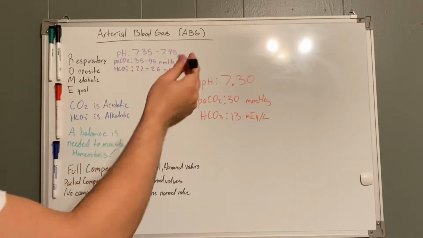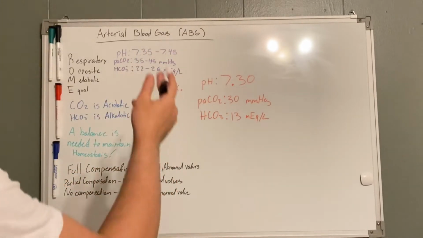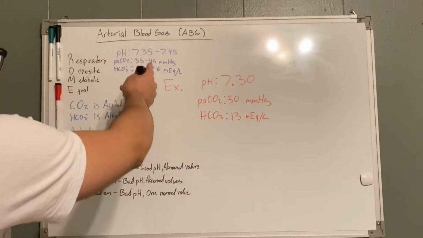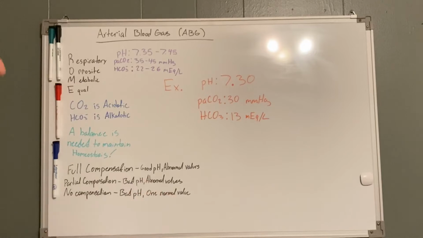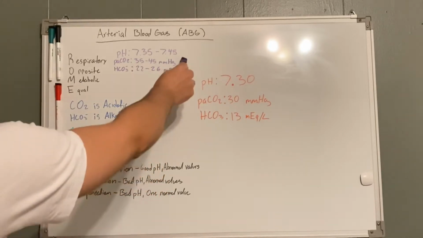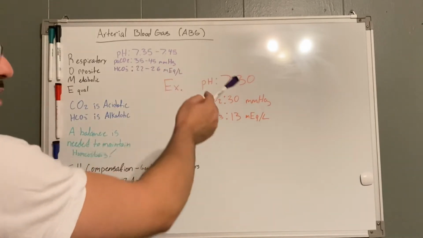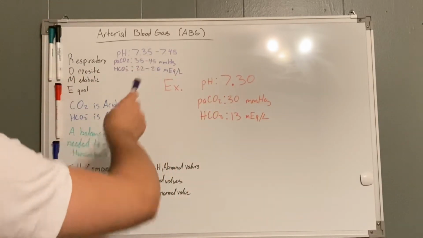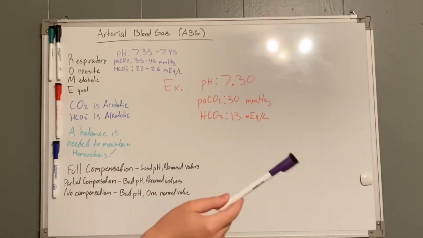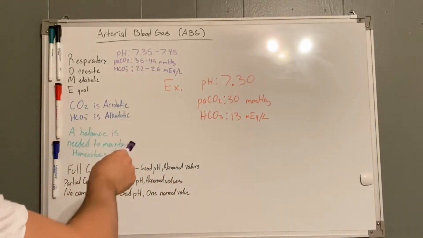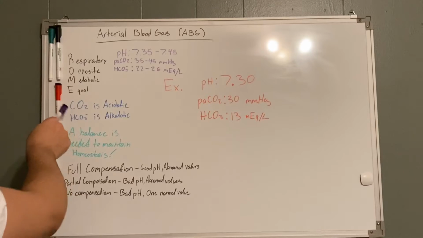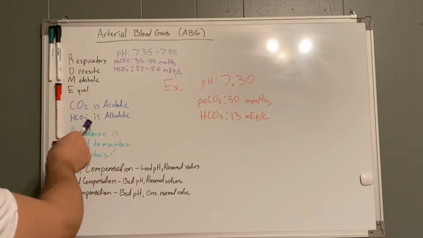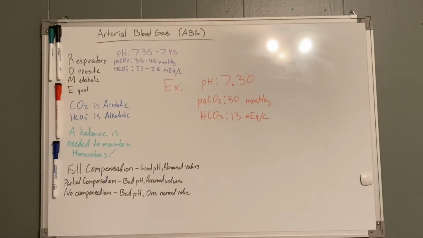If one is too low, that can bring the pH either up or down. If one is out of whack, it can just set the whole thing off, and oftentimes they're constantly working to compensate each other in order to maintain that homeostatic range. So just in general, when you're looking at these ABGs, just remember carbon dioxide is acidotic, bicarbonate is alkalotic.